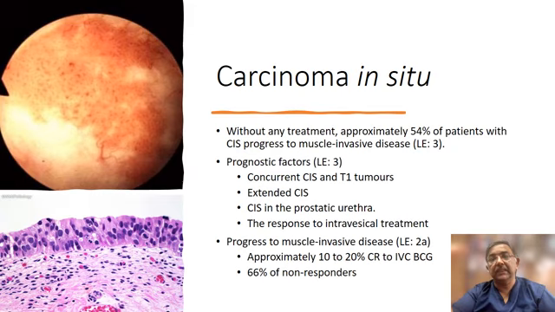So these are the high risk CIS group patients. Approximately 10 to 20% have a complete cure from intravesical BCG. About 60% are non-responders, and for these non-responders you need to be aggressive in treatment with cystectomy.